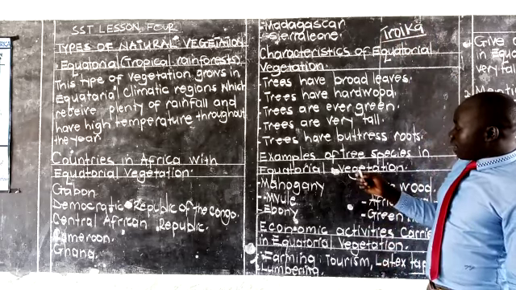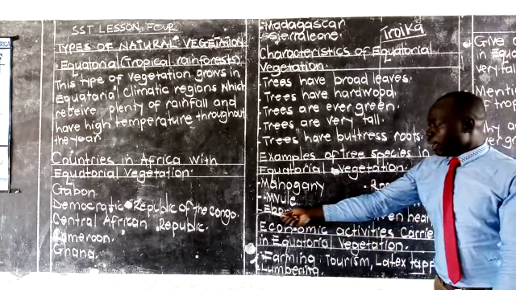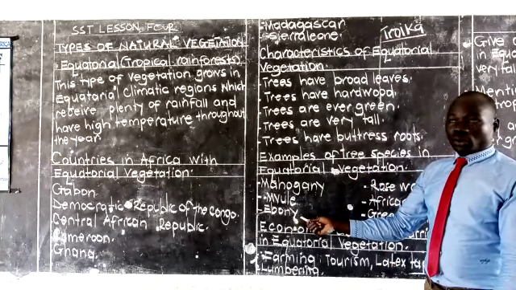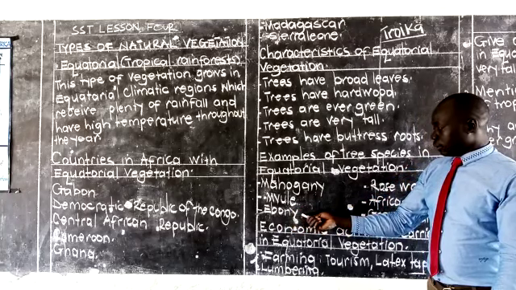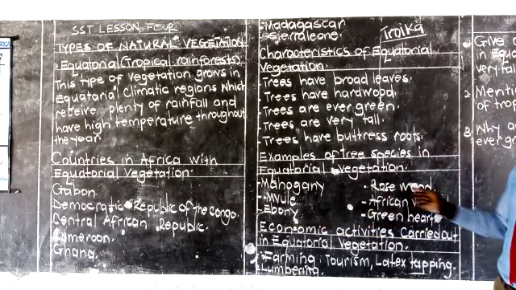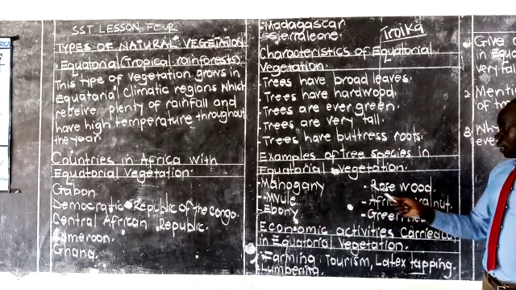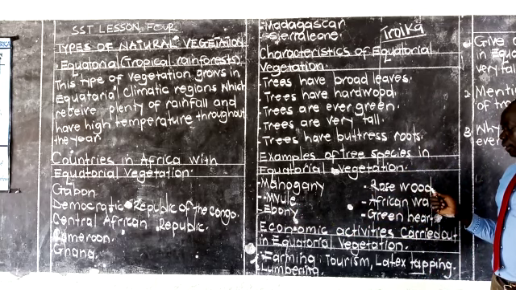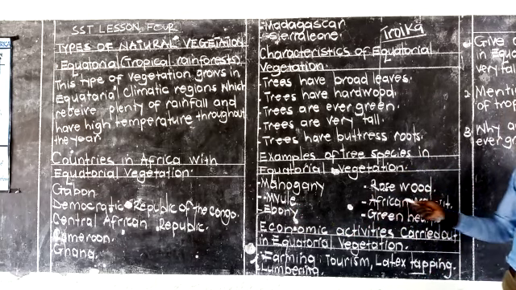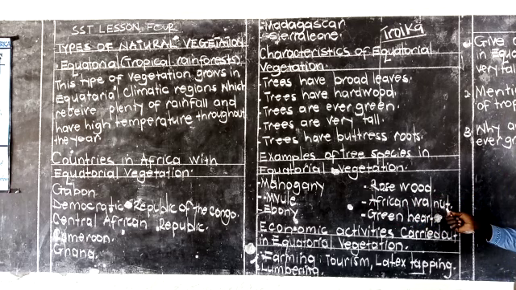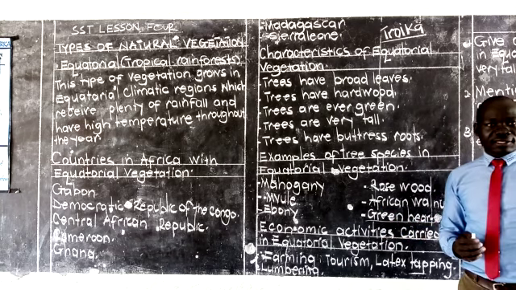We have another tree species called the ebony. And we have rosewood. We have African walnuts. Then finally, we have a tree species called the greenheart.